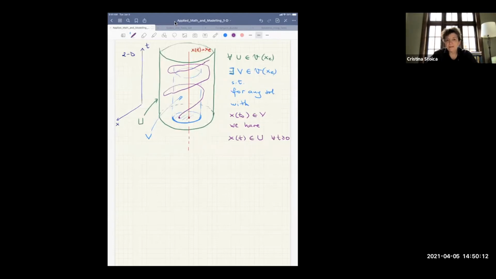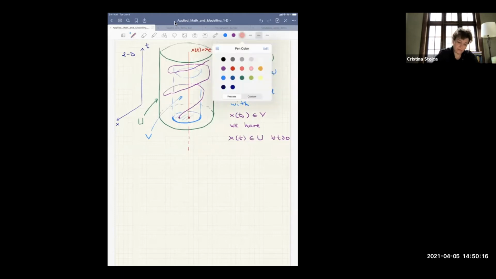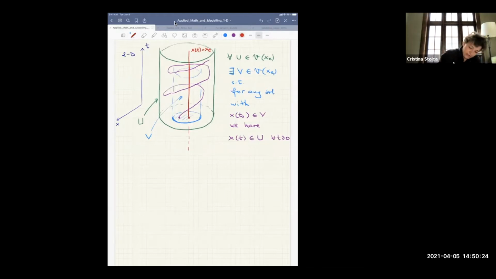I think it's clear now. For the 3D picture, it should be quite all right. So we can go around. So this is X at T0, obeying the color code, and then this is X of T. So X of T just stays in the green tube.